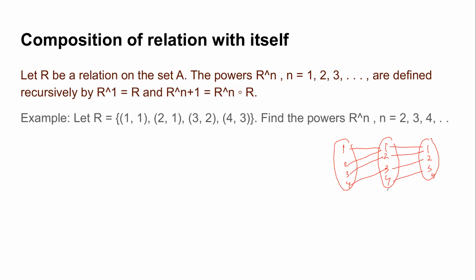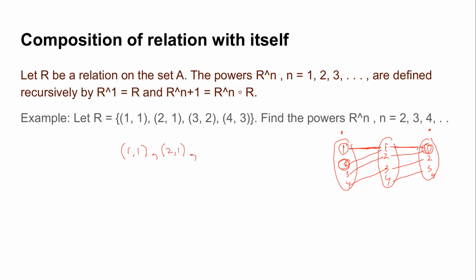Now I have to see, Tanya, what are the paths from this set to this set via B. I can see one path is here, 1, 2, 1, so endpoints are 1 and 1. Similarly, I have 2, 1, 1, so the endpoints are 2 and 1.